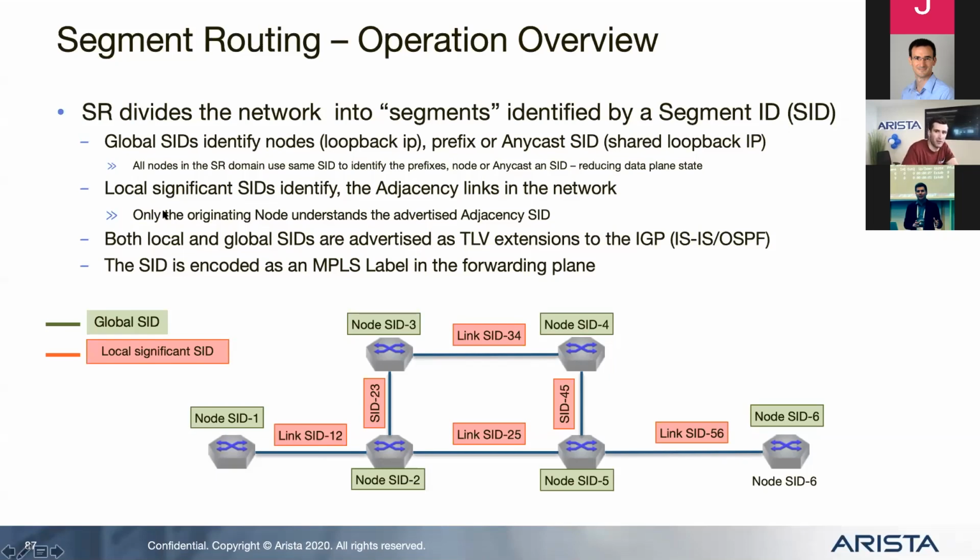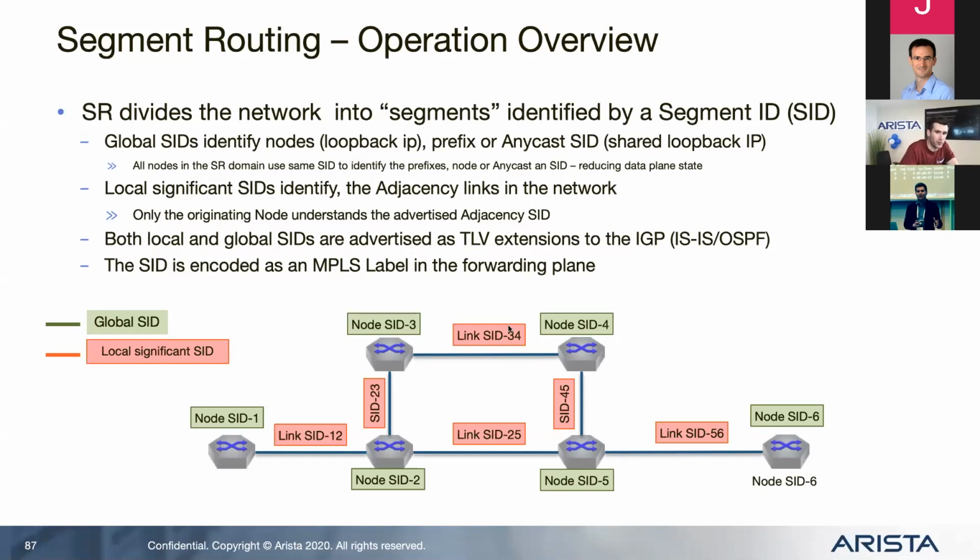So the shortest path here would go node 1, 2, 5, and 6. And if we were deploying this as a replacement for LDP, that's the path it would take. It would take the shortest path through the network. But what segment routing allows us to do is actually encode a particular path into the header of the traffic.